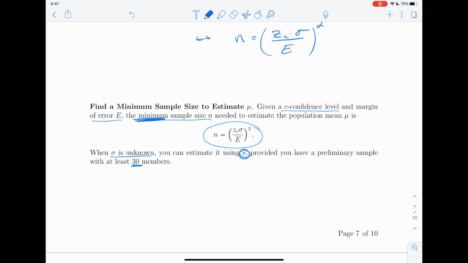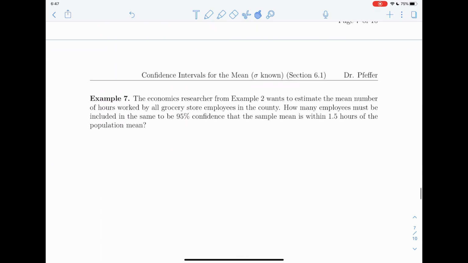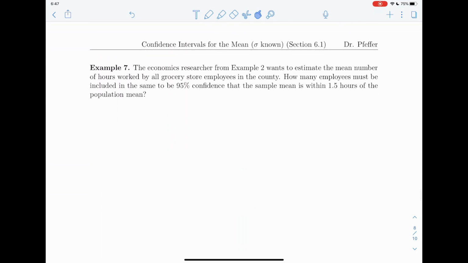So the last thing we'll do in this lesson is take a look at an example of utilizing this formula. We'll look back at that example we've been seeing over and over again. This economics researcher wants to estimate the mean number of hours worked by all grocery store employees in the county.